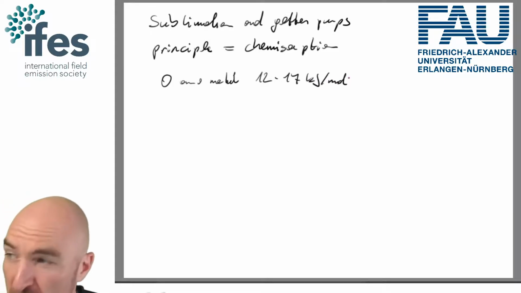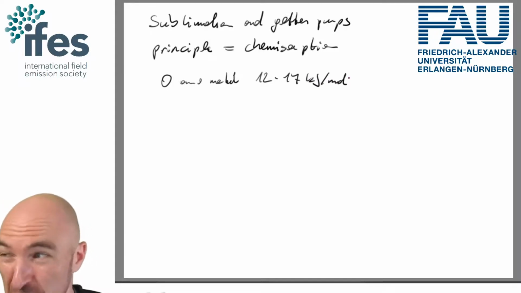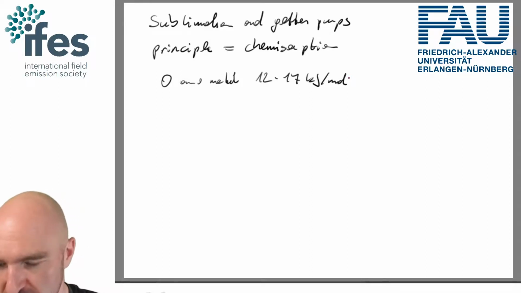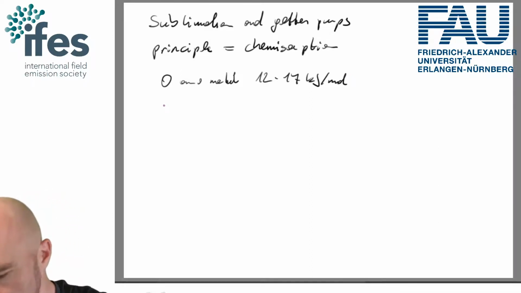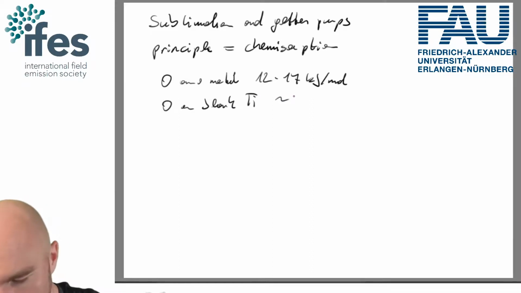And if you remember before, sort of our bad area is about 100 kilojoules per mole, so this is something we can get rid of pretty easily. Oxygen on clean titanium will have around 1,000 kilojoules per mole.